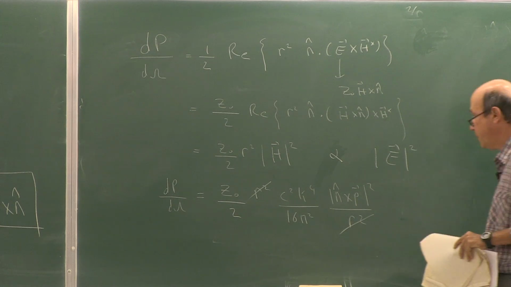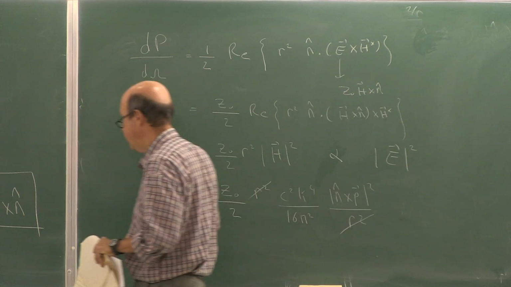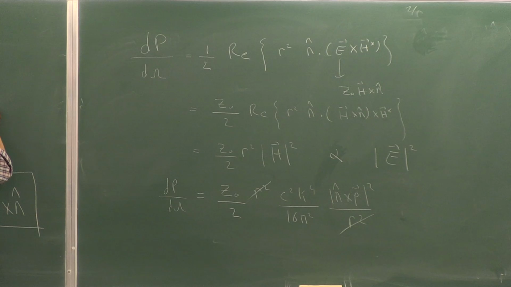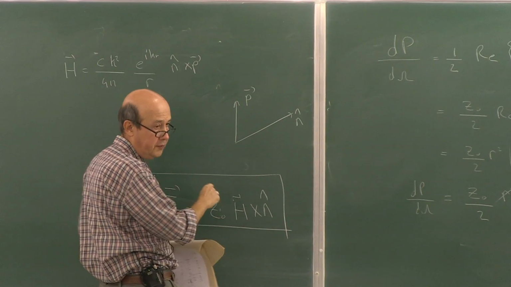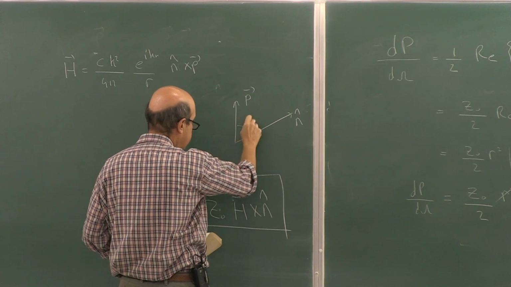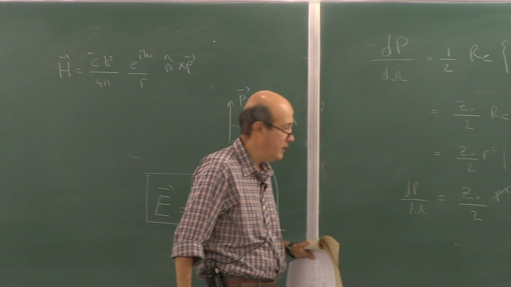So what is n cross p? n cross p geometrically is very simple. p is your electric dipole moment vector, n is the point of interest, and the angle is some theta, so n cross p is p sine theta.